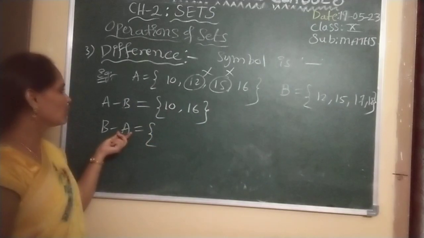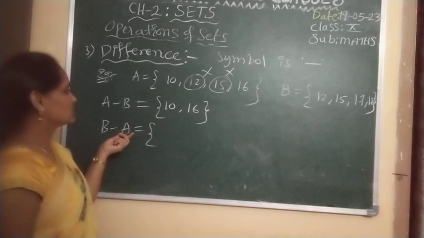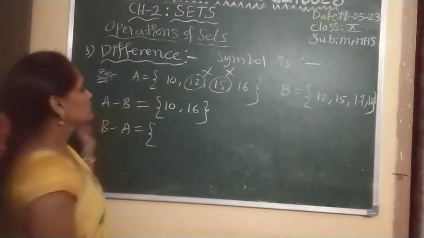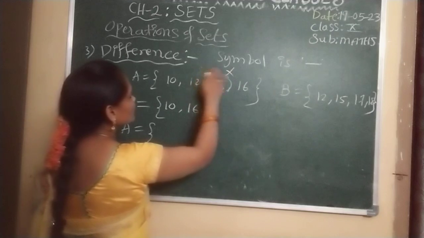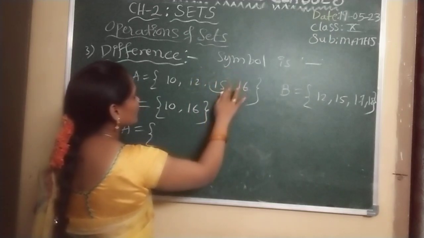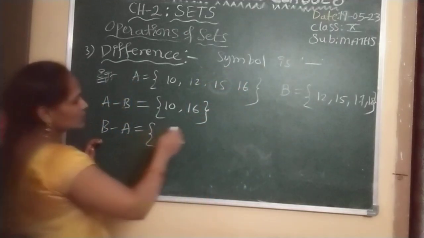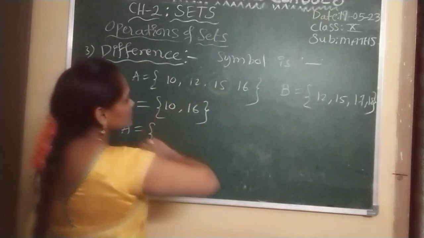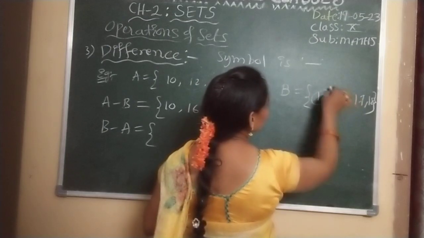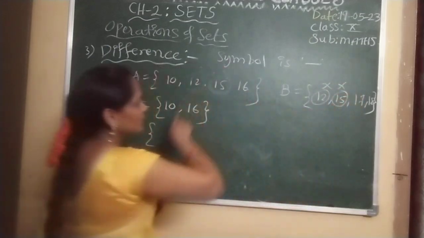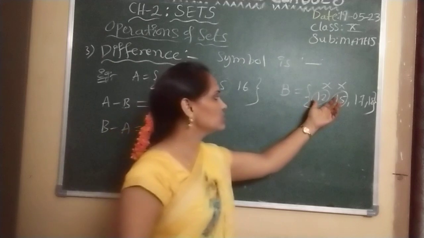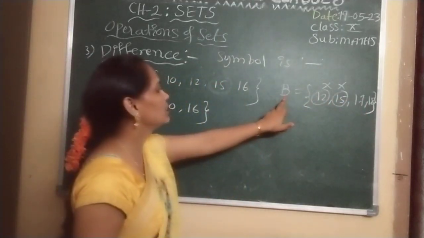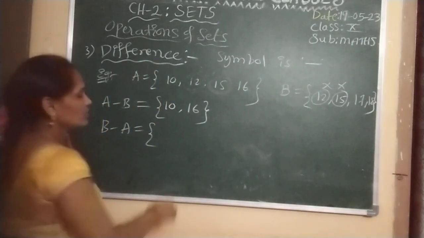Next B minus A. The elements are the numbers which are there in set A. Now you can subtract them from B. What are there? 12, 15 is there, which are there in set A. Remove these two, and remaining numbers which are there in B. First B is there now, you can remember.